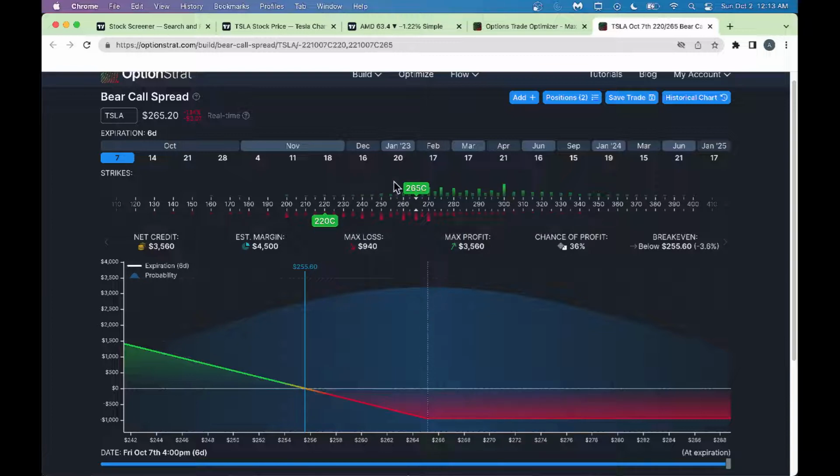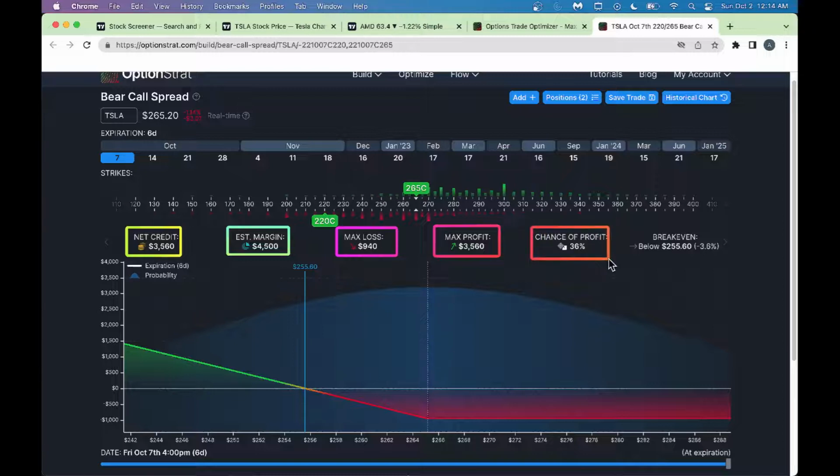So net credit you receive is a nice money here, 3,560, and your estimated margin requirement is 4,500. Your max loss is 940, and max profit is very good here, 3,560, and chance of profit is 36%, and your break even is below 255, as you can see here.